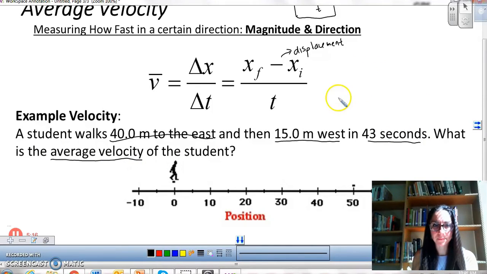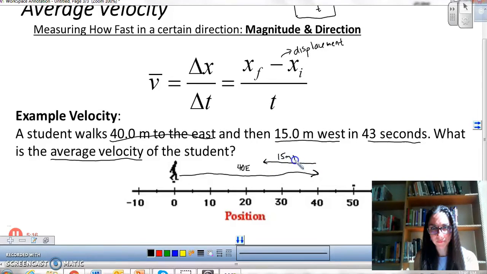So let's do that. I'm going to draw a picture again. So this person goes 40 east. And then they're going to go 15 west, which puts us at 25 meters when you do that. Okay.